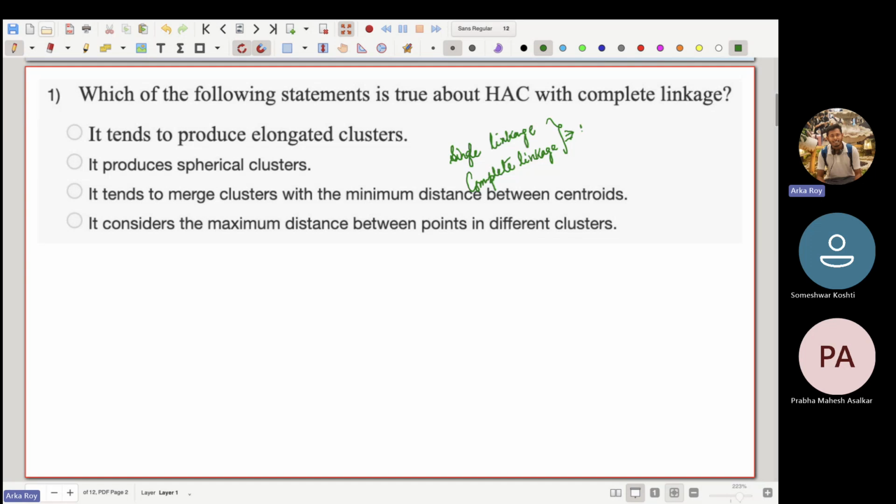These linkages basically refer to the distance metric used in the hierarchical agglomerative clustering method.